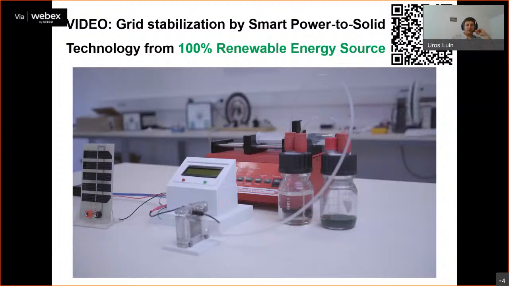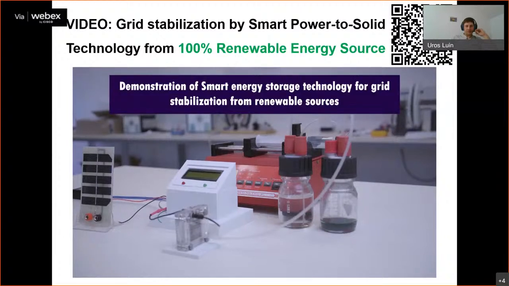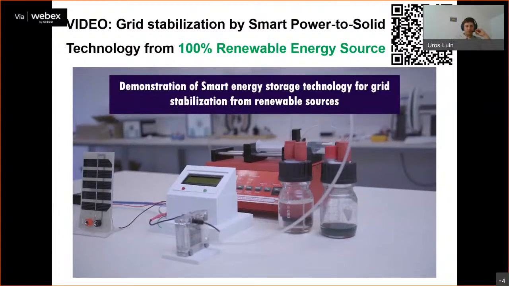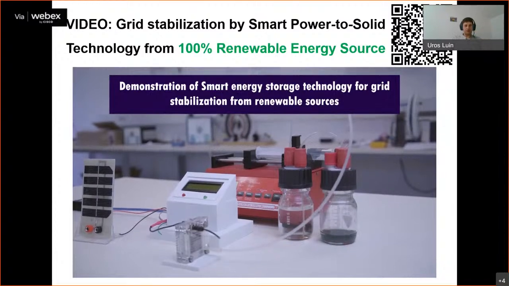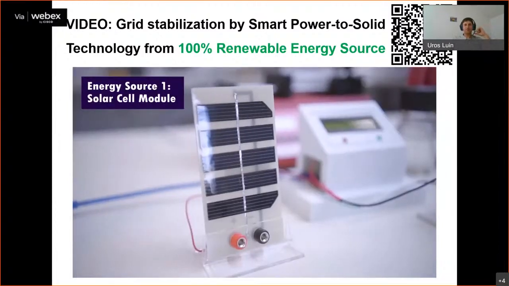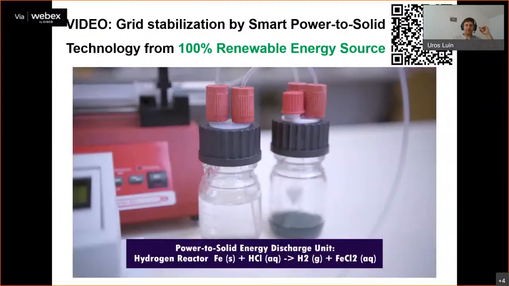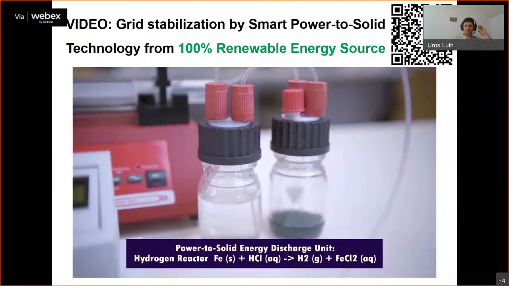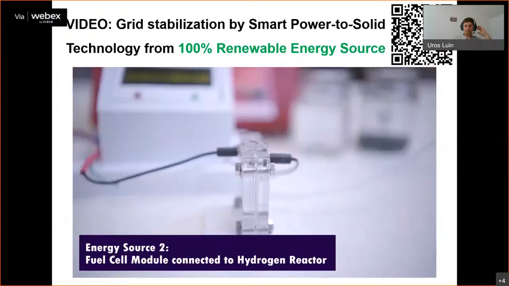But the video is self-explanatory, so you will be able to read and to understand, especially with all the knowledge that you got now. Yeah, we try to run this. First is the presentation of the parts and components.